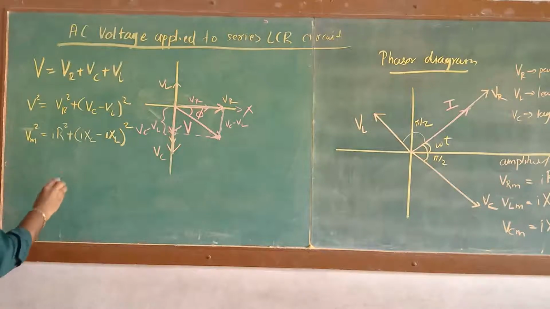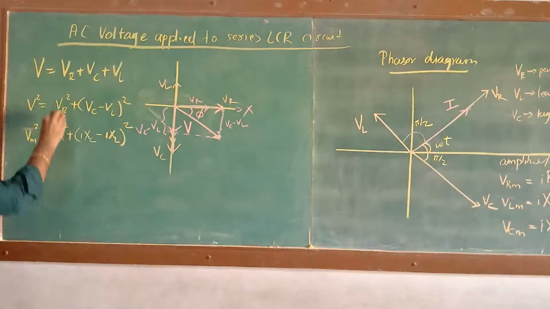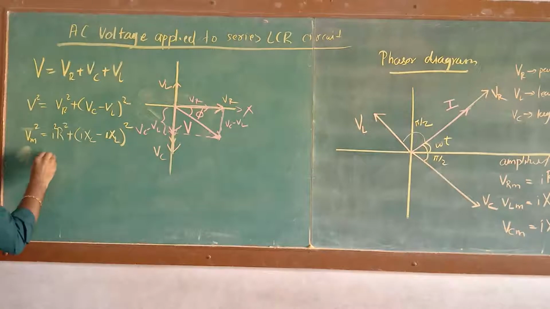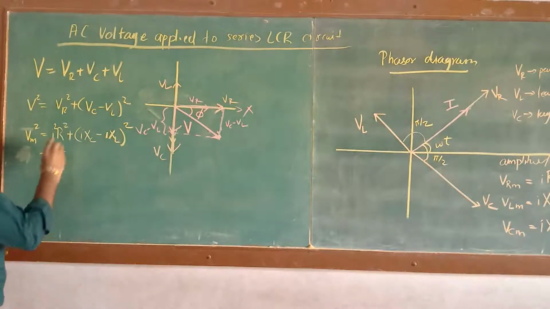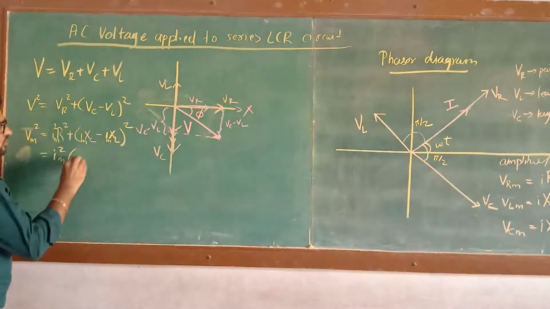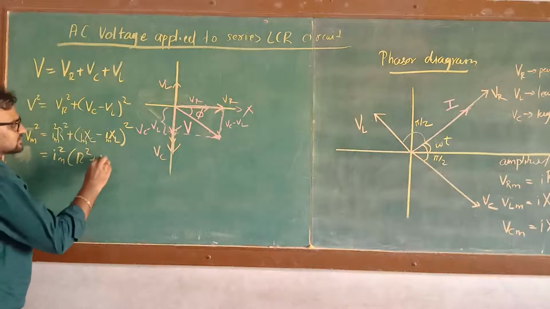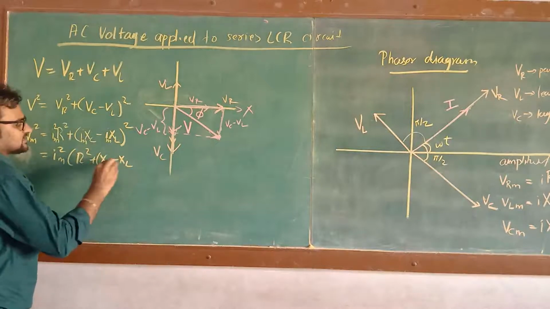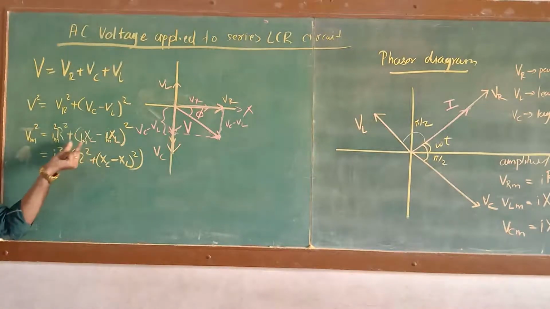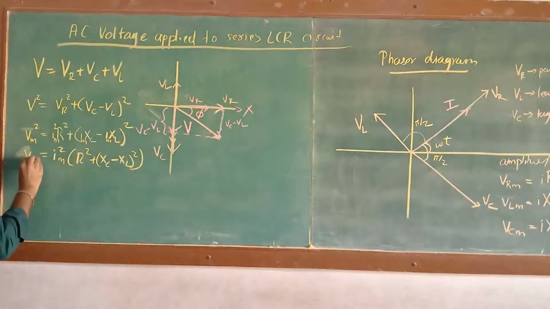Here it will be I square also, because it's VR square. So if I take I square common, let's take maximum, then Im square will be common: R square plus XC minus XL whole square. So this is Vm.